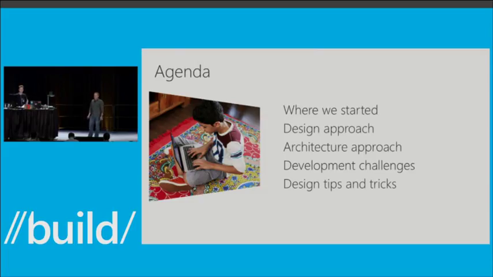We are going to talk through the architectural approach as well. We're going to discuss some of the development challenges we had with the port, and do a bit of a deep dive on some of the code for that. And then we're going to wrap up by covering some design tips and tricks and giving you something that you can take home with you in practical terms when you're doing your porting or designing your Windows 8 apps as well.